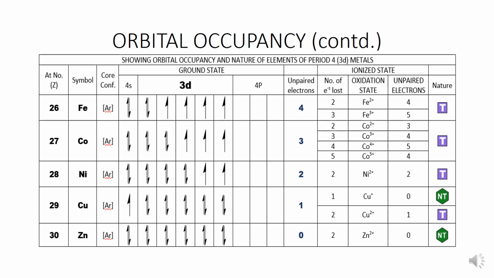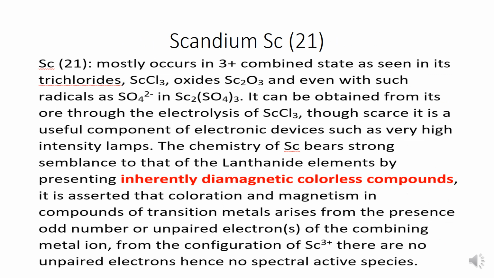In the +1 state, copper is not considered to be a transition metal, but in +2 state, copper is considered to be a transition metal. Zinc does not show any element of transition property. We move ahead to discussing the chemistry of scandium.